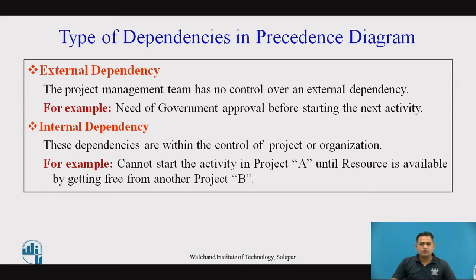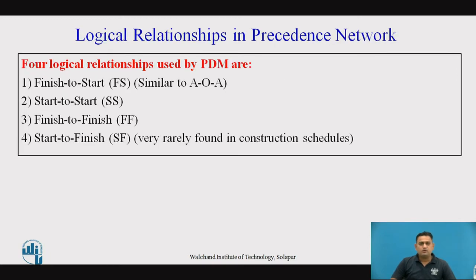So in overall projects, we should know the four dependencies, or the overall relationships between the activities, in the management of the project. Now, logical relationship between the activities. There are four logical relationships between the activities: finish to start, start to start, finish to finish, and start to finish.